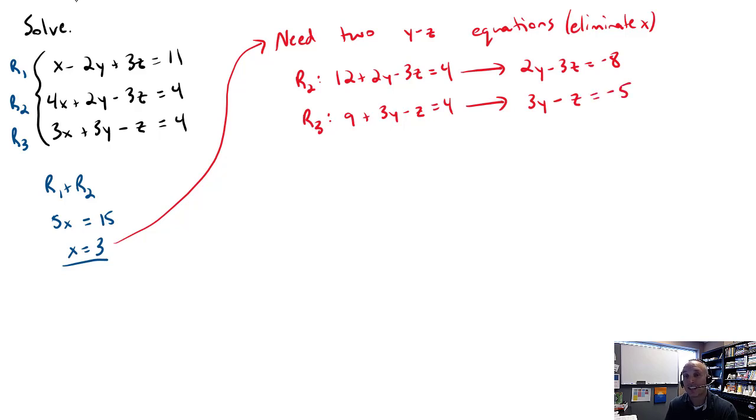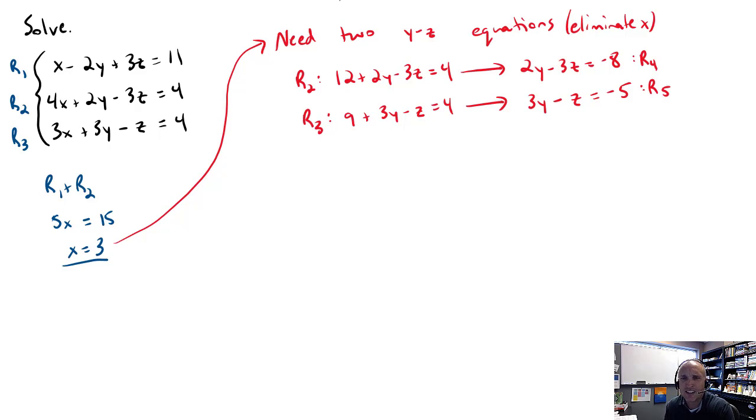And so x is gone now, and I have a system of two equations with y and z. So let's call this row 4, and let's call this row 5. And I need to eliminate y or z. I'm going to eliminate z, because I've got a 1z here and a 3z there, rather than having to multiply both the equations by something to eliminate y.